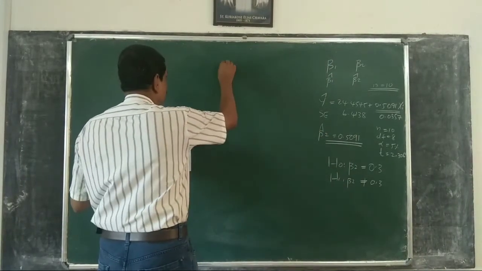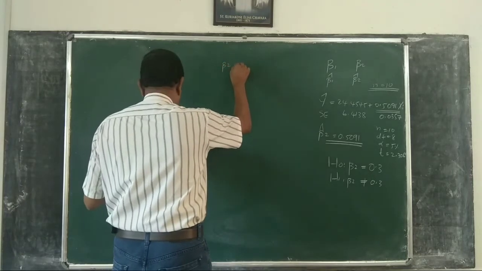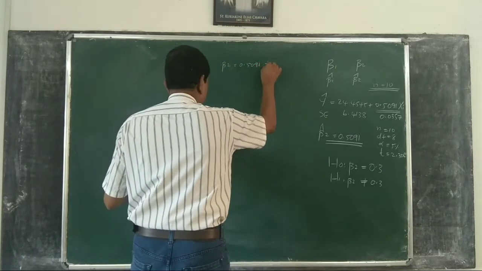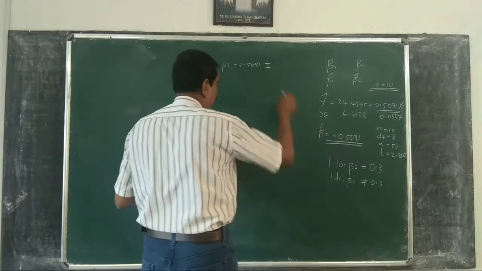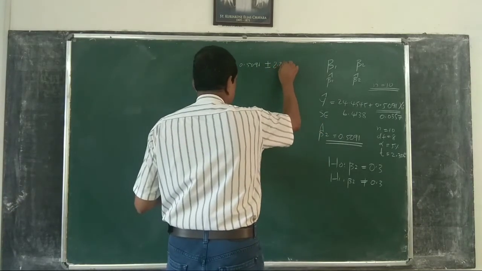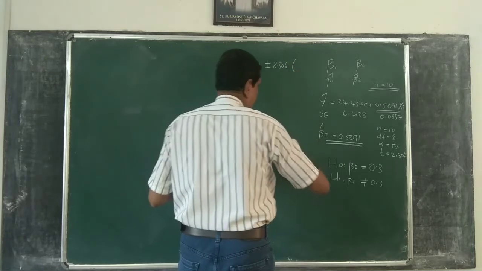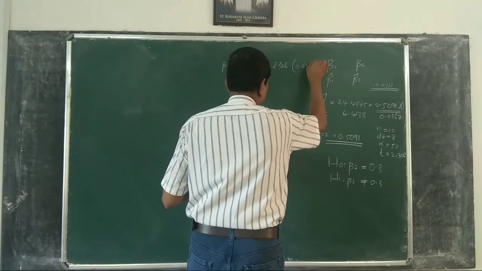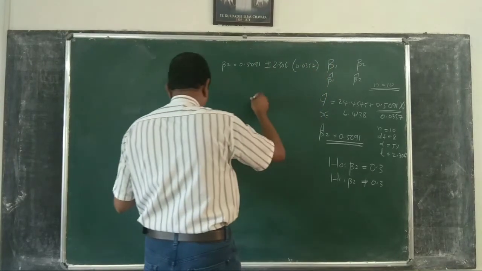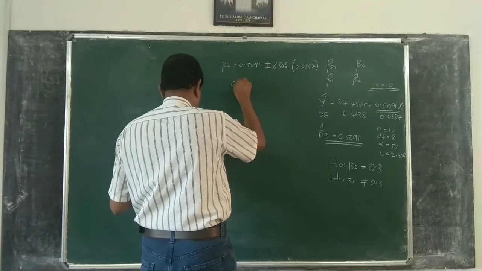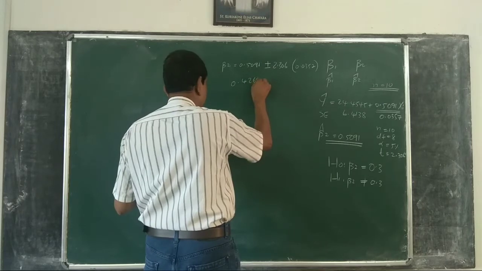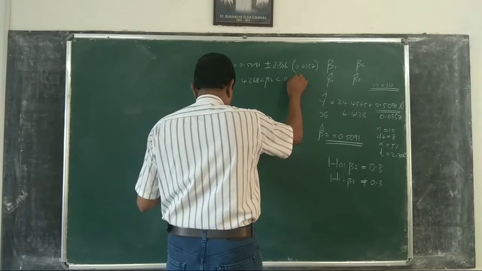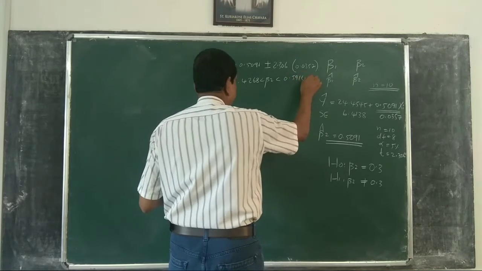Beta 2 is equal to 0.5091 plus or minus 2.306 times the standard error, which is given as 0.57. So you will get 0.4268 less than beta 2 less than 0.5914.